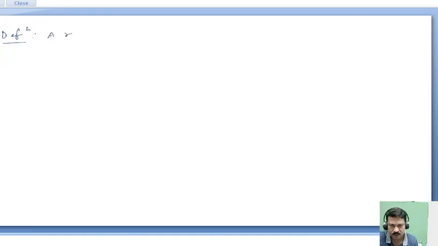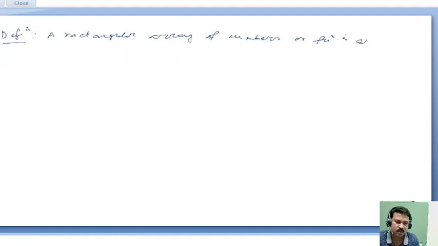A rectangular array of numbers or functions is called a matrix.